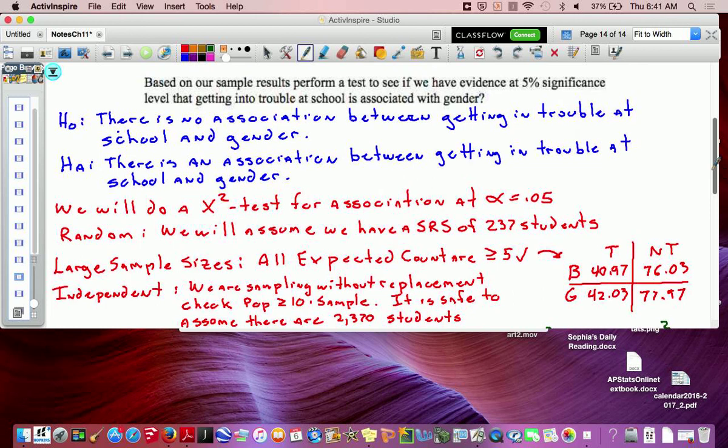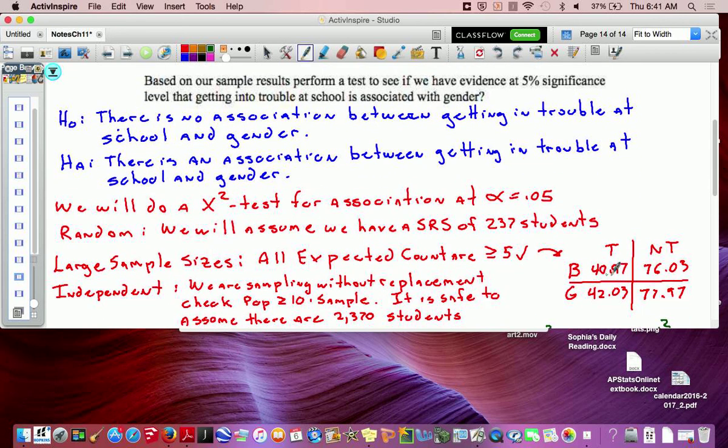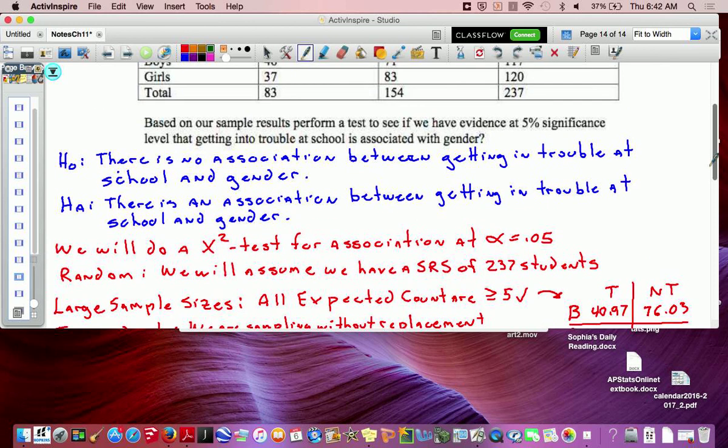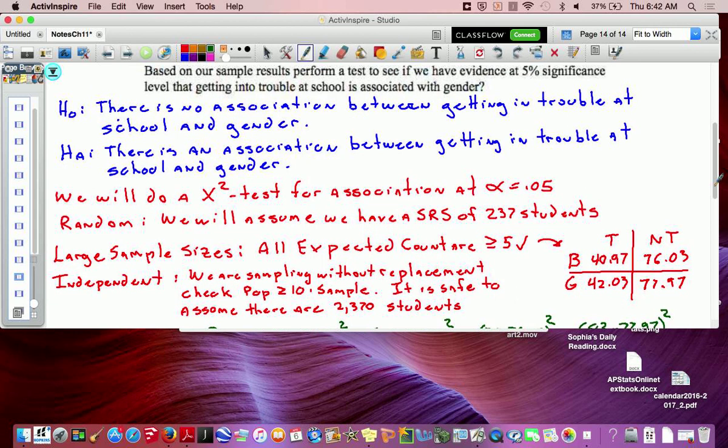So again, just to let you know on that, 83 times 117 divided by 237 gives me the value in the spot for 46, which was 40.97. So I'd expect to get just under 41 boys who got in trouble. I got 46. I would expect 42 girls getting into trouble. I got 37. So we're going to check, are those differences statistically significant?